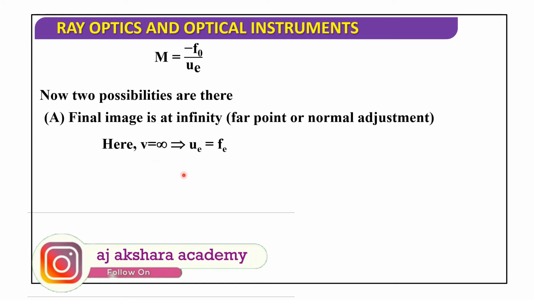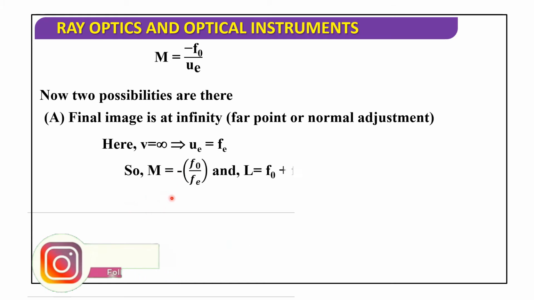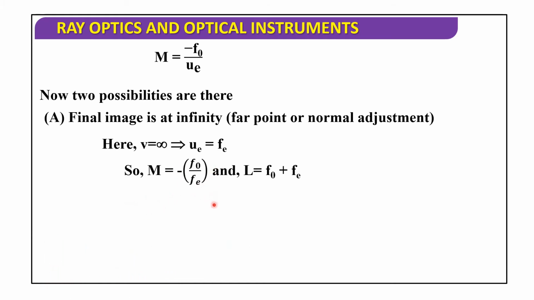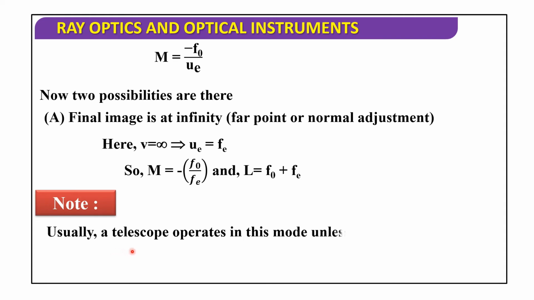So m is equal to minus f naught by fe and L is equal to f naught plus fe. Note, usually a telescope operates in this mode unless stated otherwise.